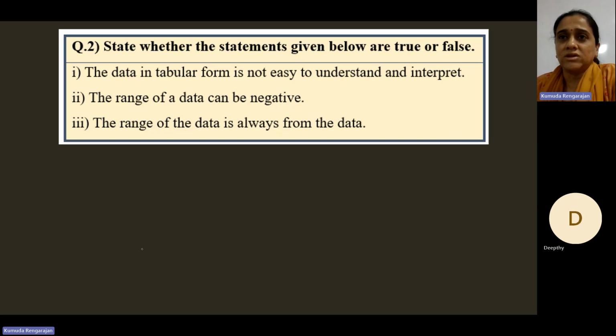So what have I done actually? I've visited your school, and every child was made to stand on the weighing scale, and I have recorded their weights as on that day. So the data which I've collected is called primary data because it's first-hand information.